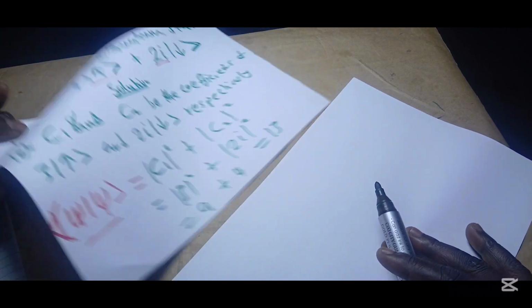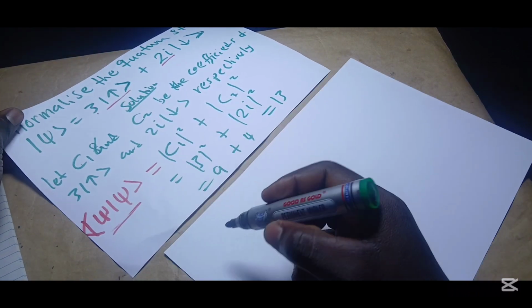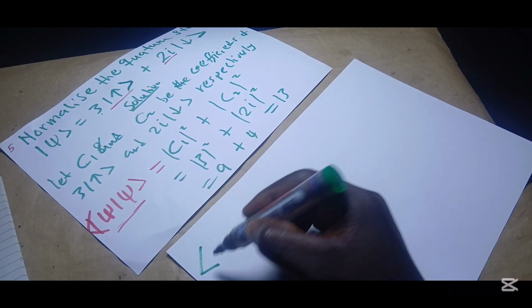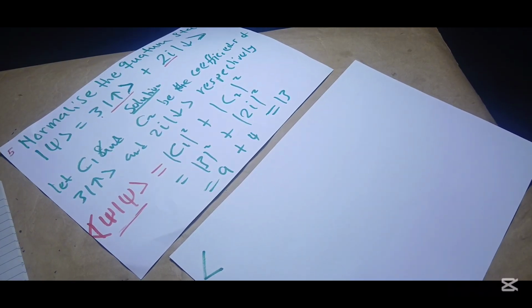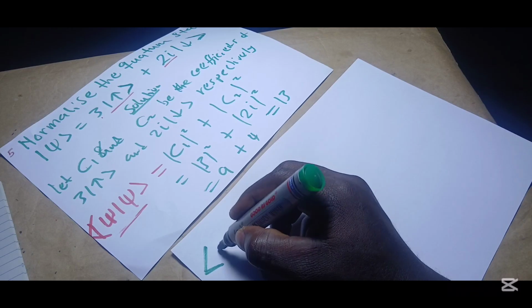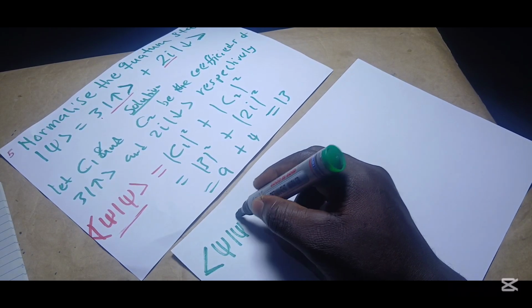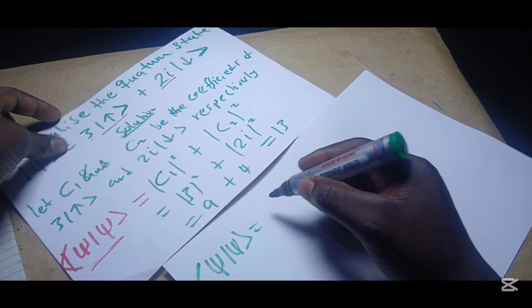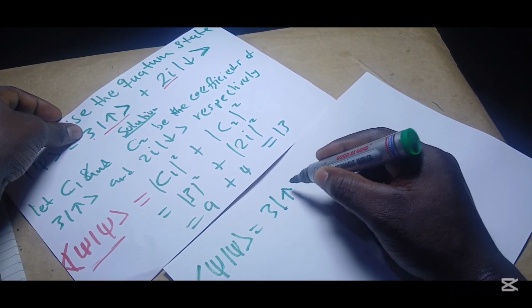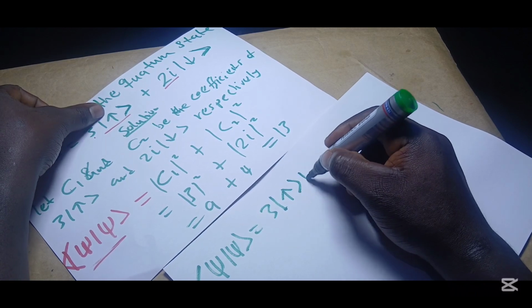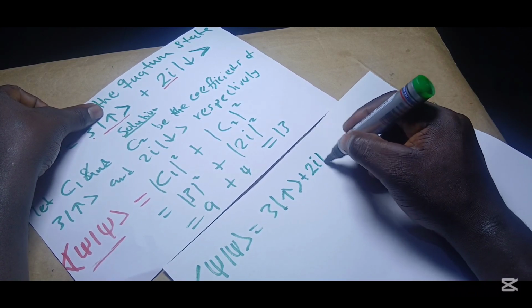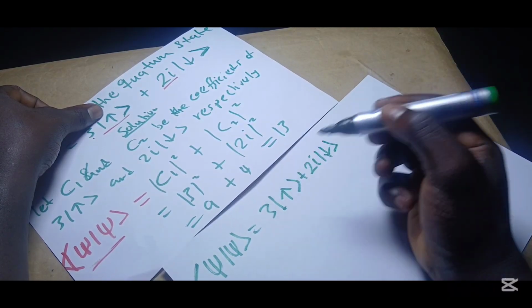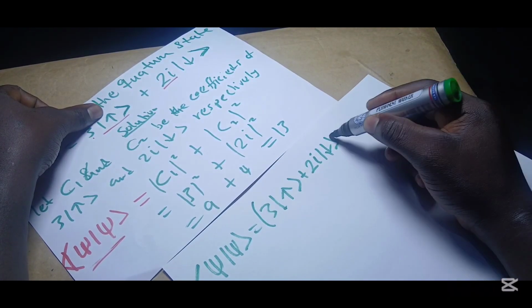So what we do is, we are going to compute the product of the Bra and the Ket. So this is the Bra, psi, then Ket equal to, first of all, we write whatever is there, which is 3 plus 2i into brackets.